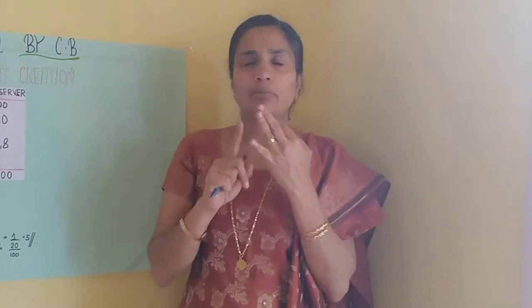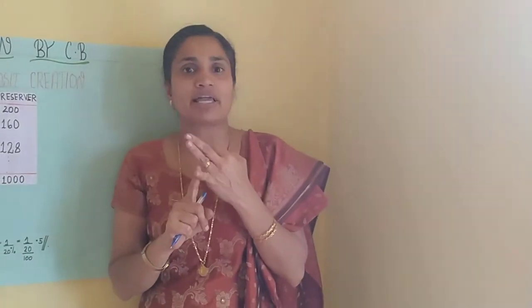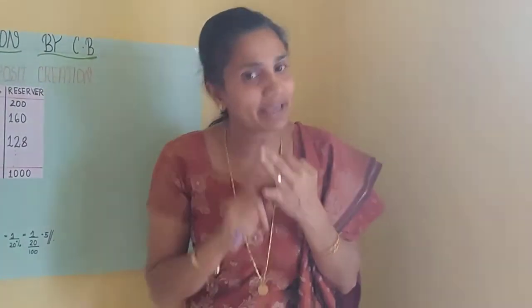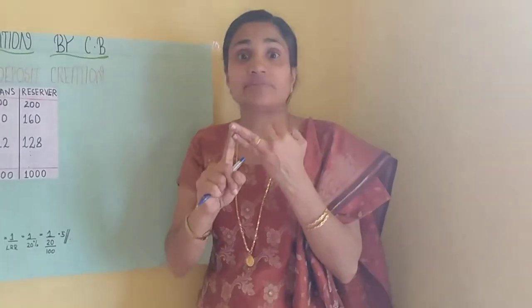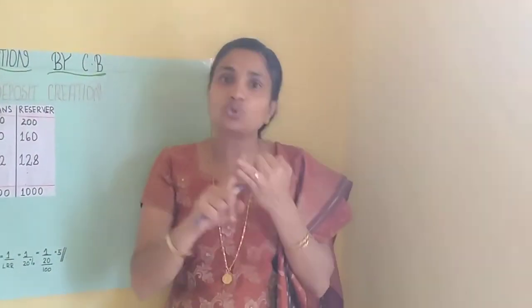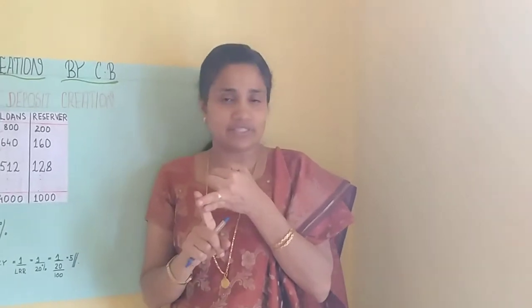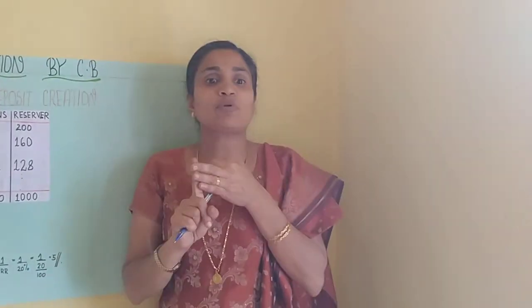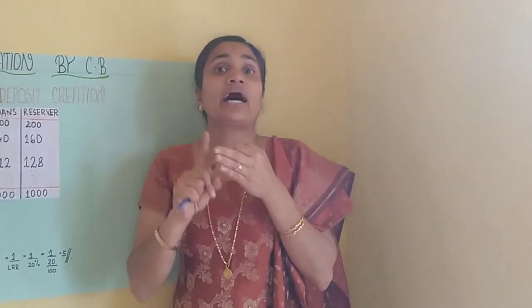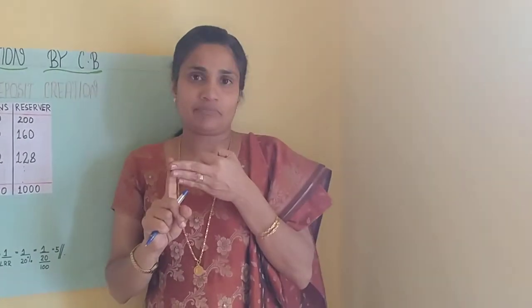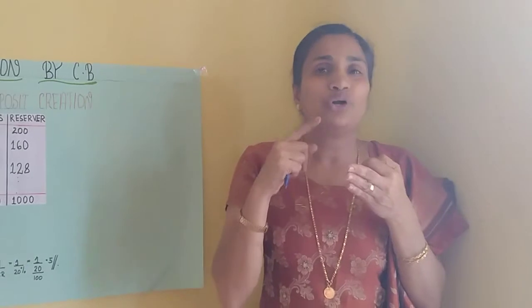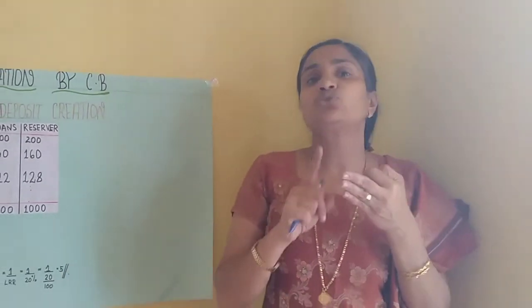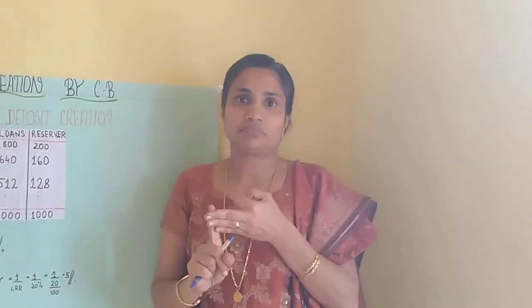All common people can approach the commercial banks and deposit their money in the bank. Another process is transferring funds from one bank to another. The next process is that they are creating money. How they create money, we need to study in detail in today's class.